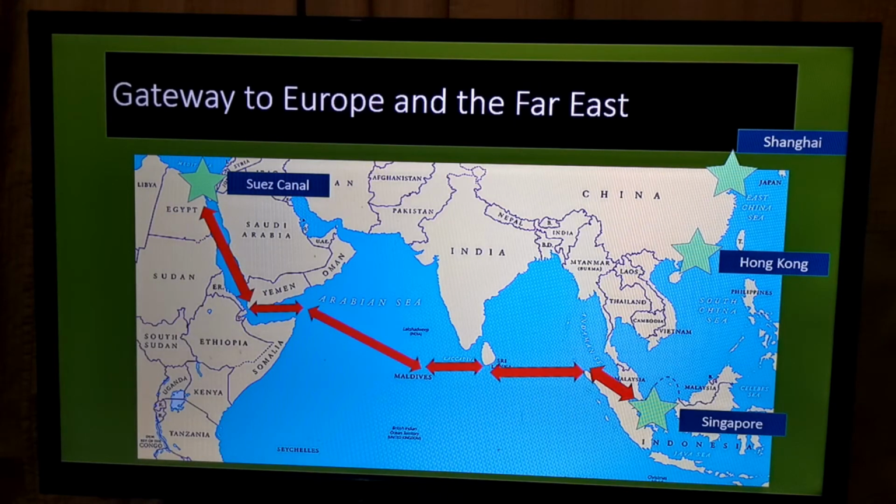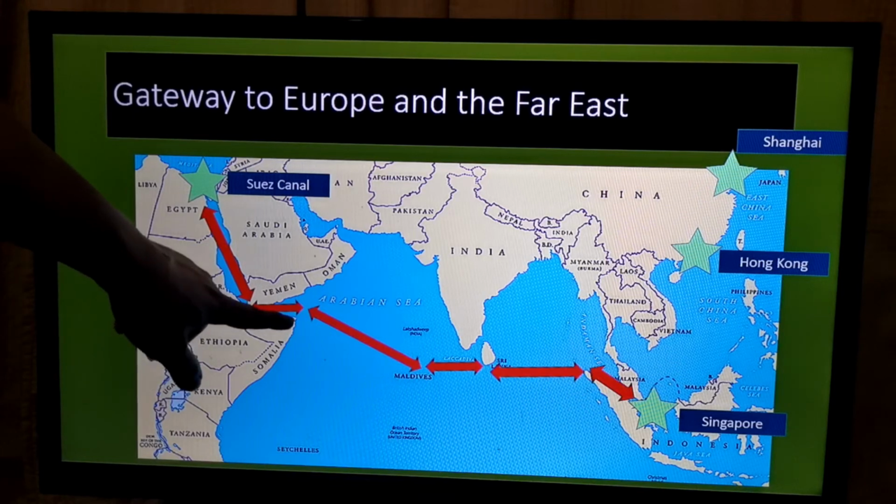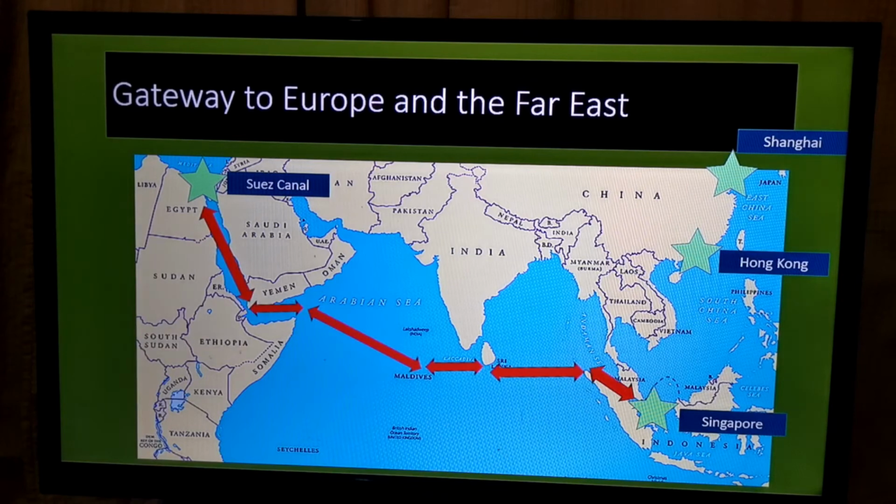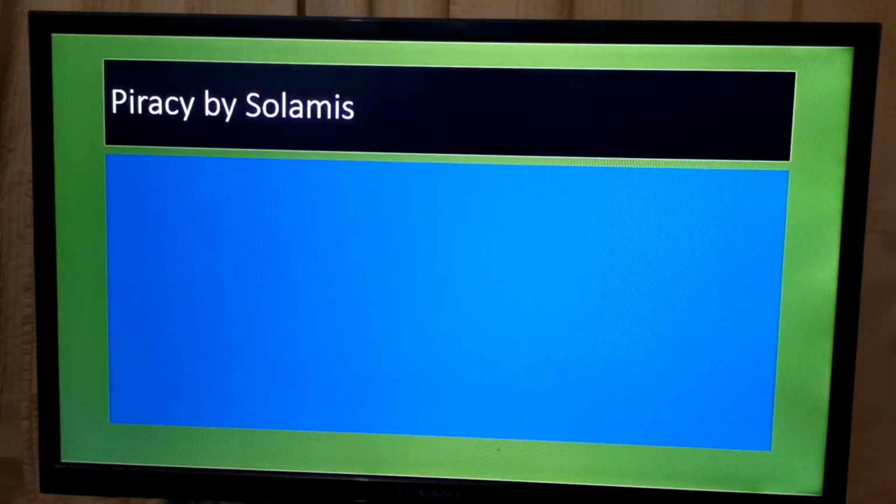You know, they can just block any ship, or they can just watch from their shores so many ships passing every day. And that's one reason, or one strategy, okay, that the Somalis thought of to make money, because they are on a very nice location.